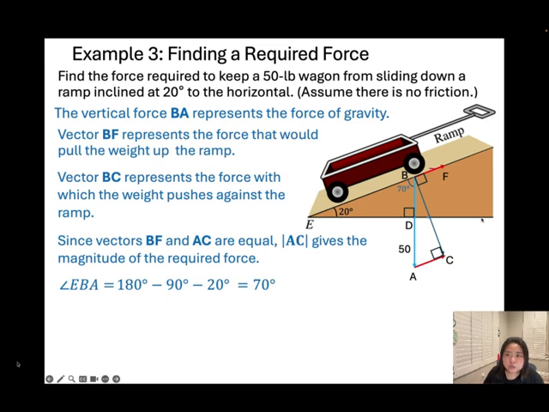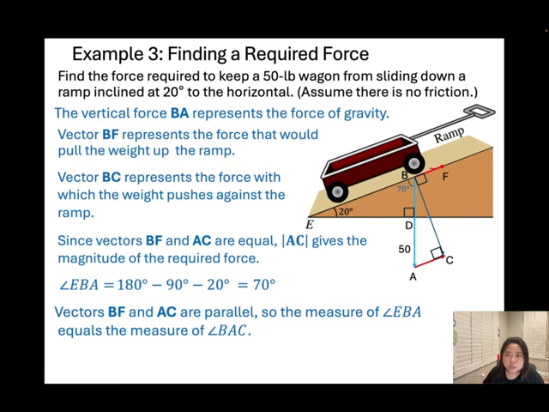And then we know BF and AC are parallel to each other, so remember the alternate interior angles. The angle B will be equal to the angle A here, which is going to be 70 degrees. And again, this angle ABC will be 20 degrees as well.